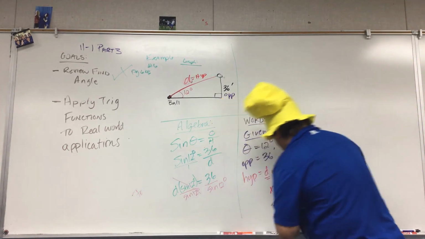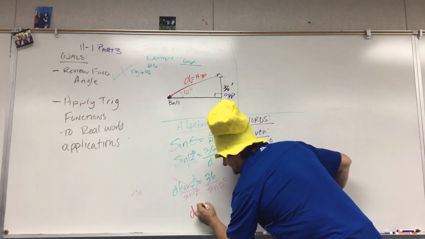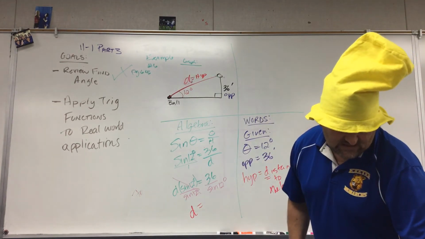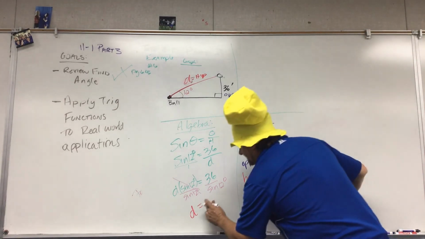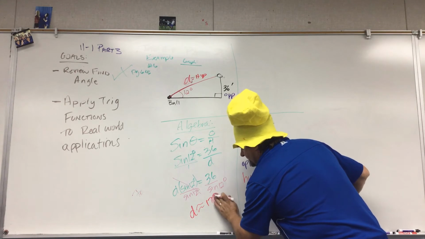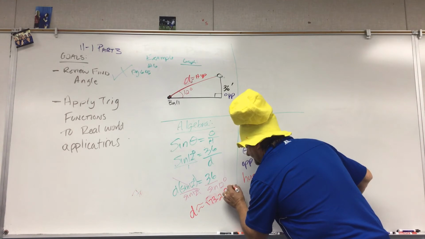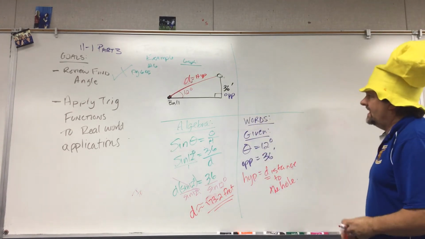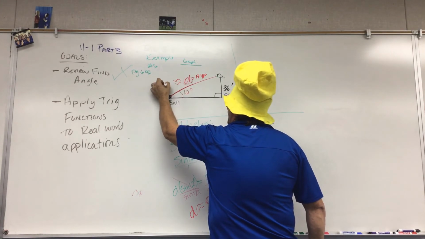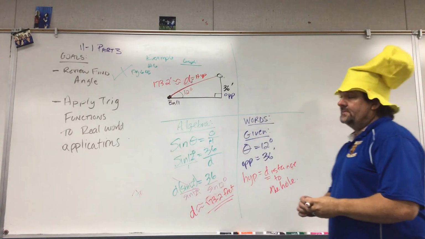And my D, which is what I'm looking for, D is equal to 36 divided by the sine of 12, which is going to give me approximately 173.2 feet. One little piece right there is 2 feet.